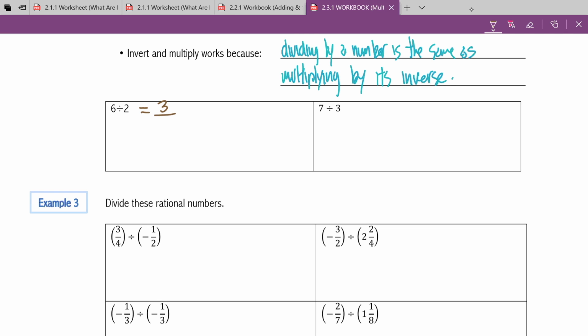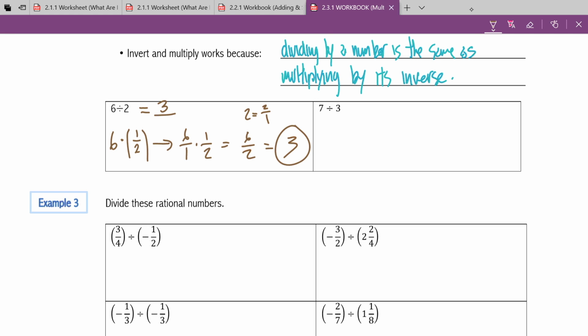But applying our understanding of what division and multiplication are, that is that they are inverse or reciprocal operations, I say that 6 divided by 2 is the same as multiplying by the inverse. Well, what's the inverse of 2? Well, 2, remember, is 2/1. What's the inverse of 2/1? 1/2. All right? And what happens when you multiply this out? Well, 6 is really 6/1 times 1/2, which is 6/2, which is 3.